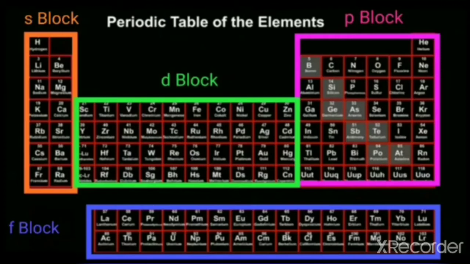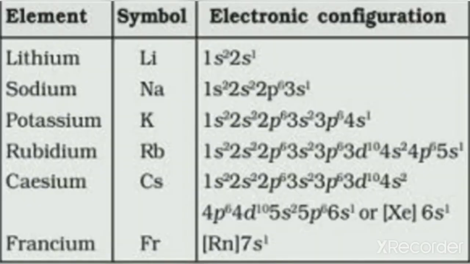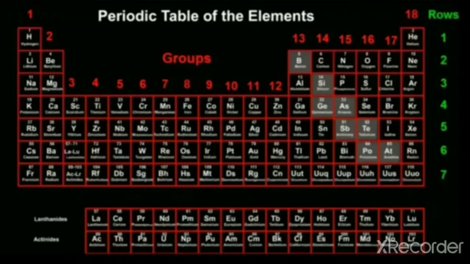So when we find the electronic configuration of some elements like lithium, sodium, potassium, rubidium, cesium, francium, these belong to the first group.